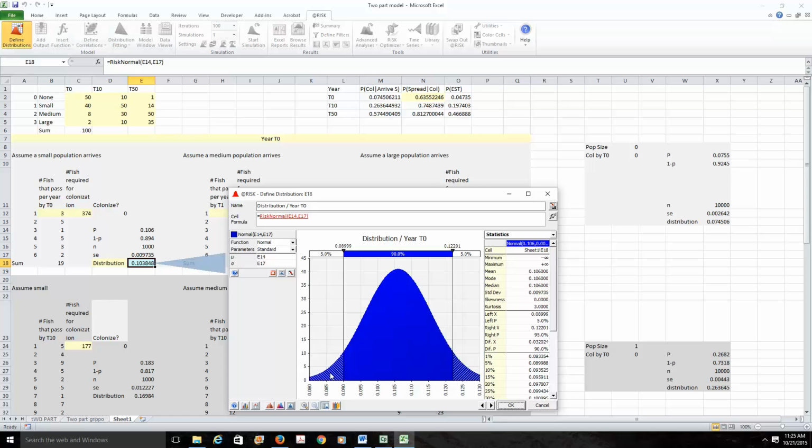So now I have a distribution. Even though we calculated a single number, we can estimate the sampling distribution for it, and that is right here. So this would be my way of estimating the probability of colonization by year T0 with a small population pushing fish through.